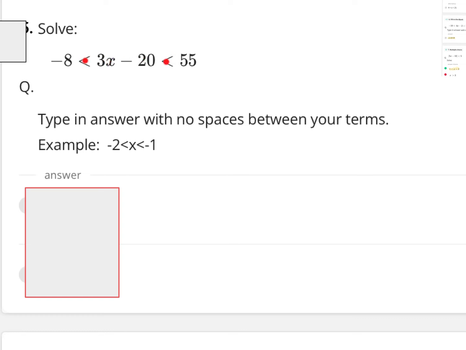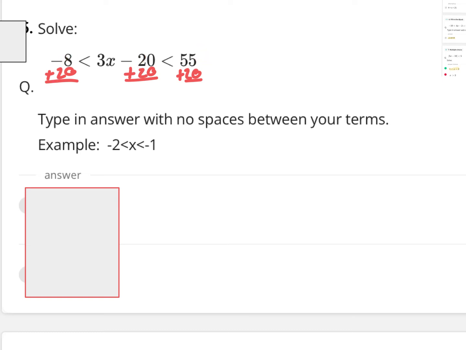You have your 2 inequalities. So whatever you do to the middle to get x by itself, you do to both outside sides. So the minus 20, I need to get rid of it by doing the opposite, plus 20. But you don't just go plus 20 there and plus 20 there. You also go out here and do a plus 20 as well. So whatever you do to the middle, you do to both outside sides.